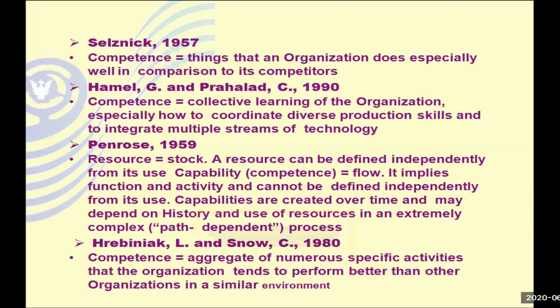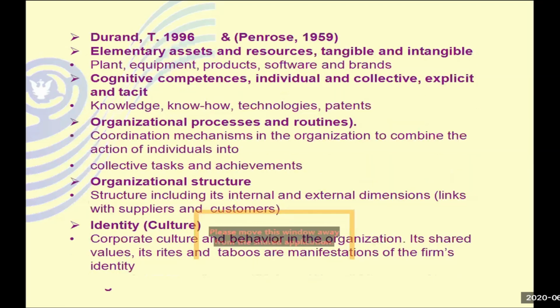You can study much about the works of Penrose, Hamel and Prahalad, very important in terms of deriving the competencies. And also Selznick, one of the key players in the introduction of strategic management, again on core competencies. How does the firm place itself in the industry and position itself better than the competitors.